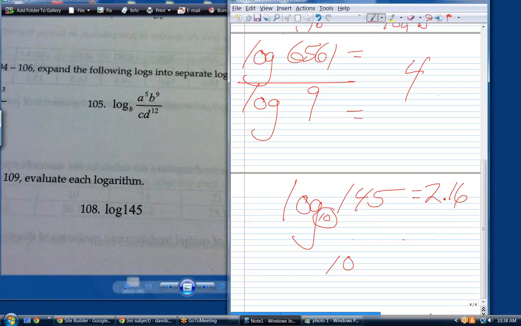Right. So it's 10 raised to the 2.16 power equals 145. Okay. And if you do it the same way every time, you will never have a problem with this. Right. Just don't mix it up. It's real straightforward. It's the number on the far left raised to that. Yeah. Okay.